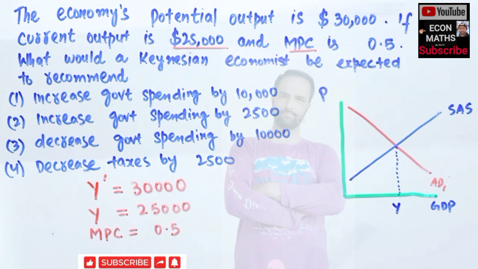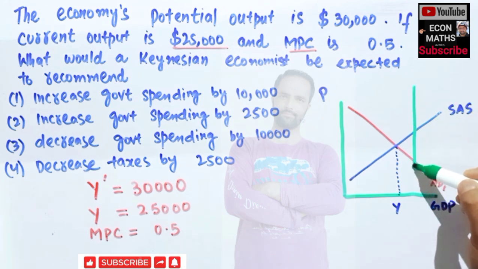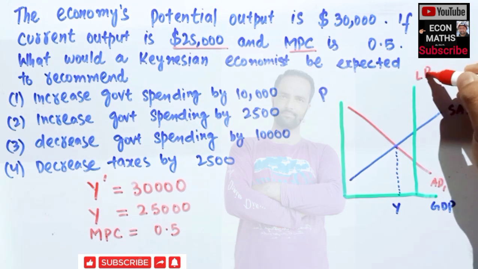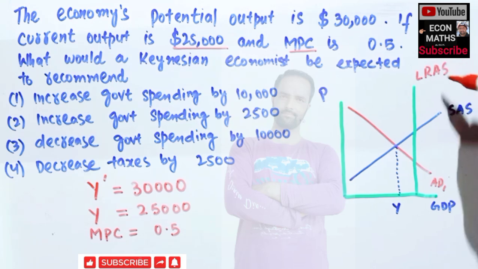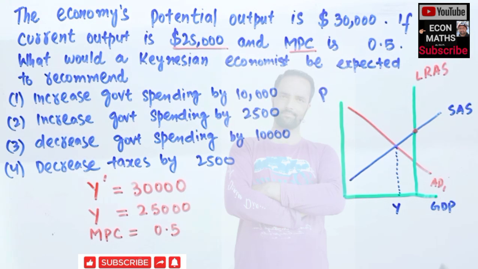We want to achieve the potential output, so let's draw another line here, and let us say this is our long run aggregate supply curve. Let us say this point denotes the potential output, which is denoted by y dash.